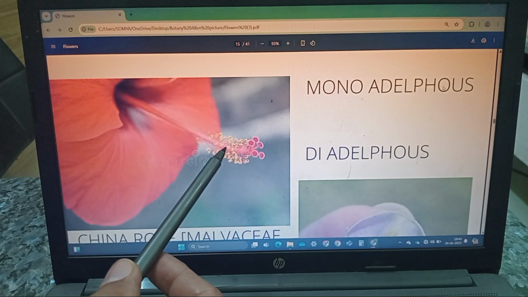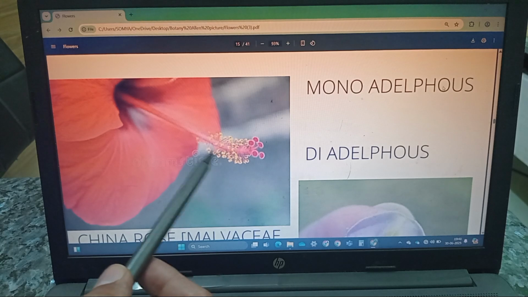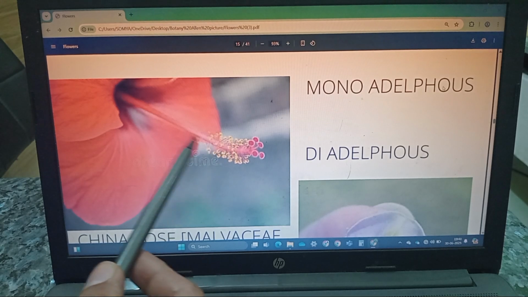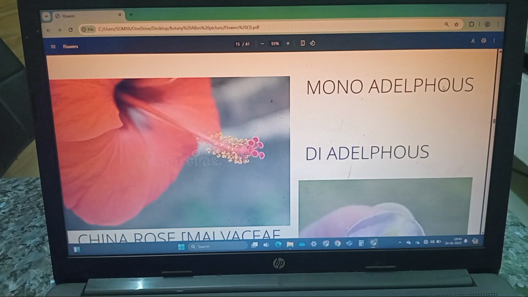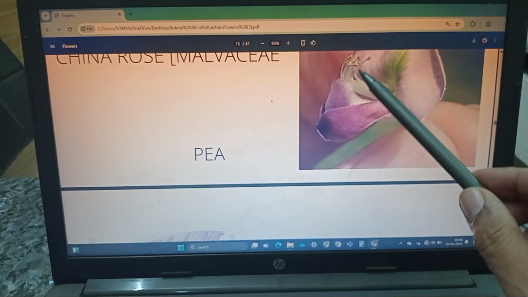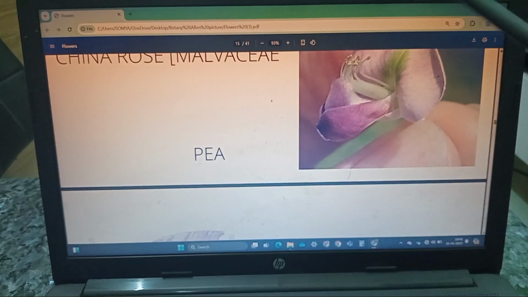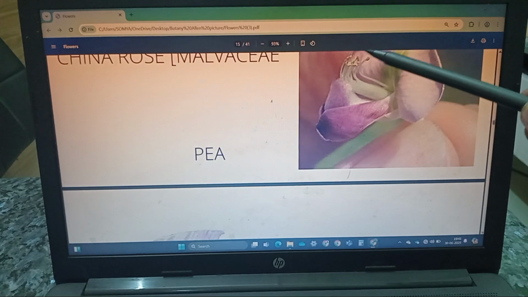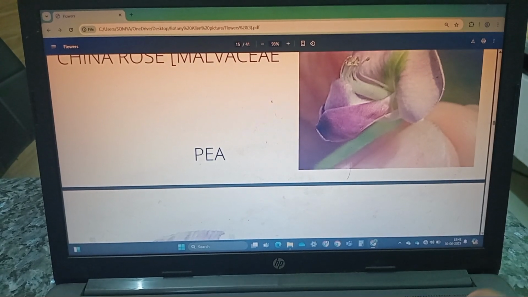In all these, you will see many anthers and the filaments making a tube-like structure. This is monadelphous condition. Diadelphous condition, I just showed you in the pea, that there are two groups, one is the 1 plus 9 condition.